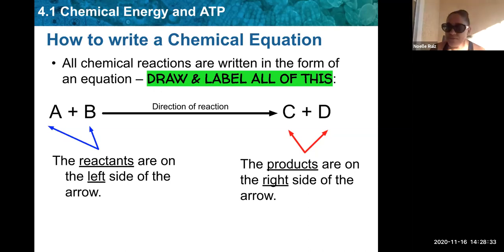You have the arrow in the middle instead of an equal sign. And that tells you the direction of the reaction. Some reactions go both ways, but this one just goes one way. And then C and D on the right side are the products. Whatever C and D are, they're just placeholders. The reactants are always on the left, products are always on the right.